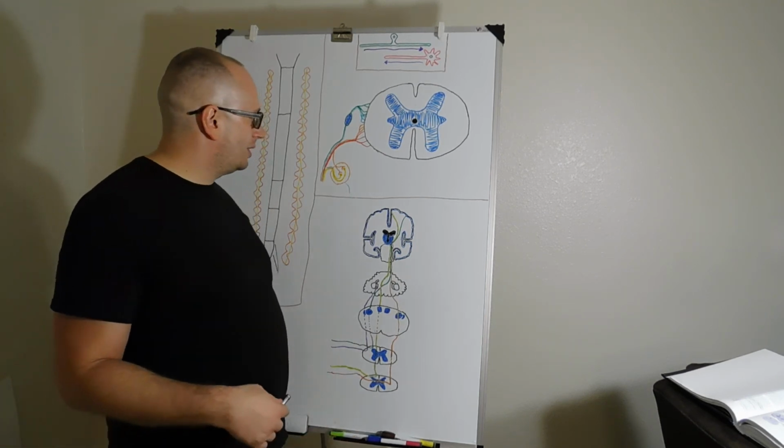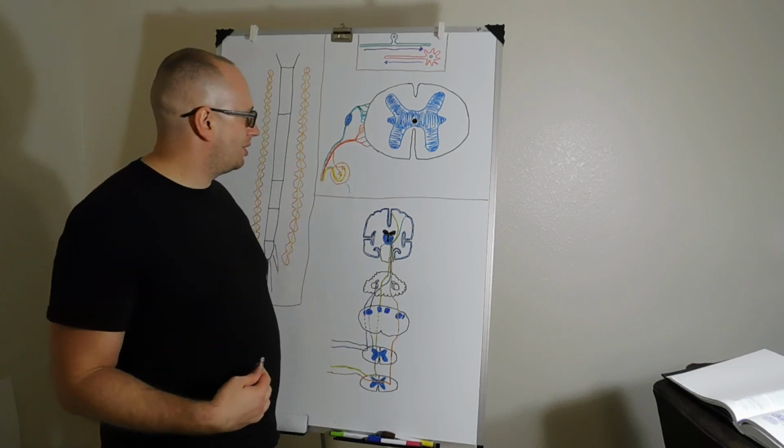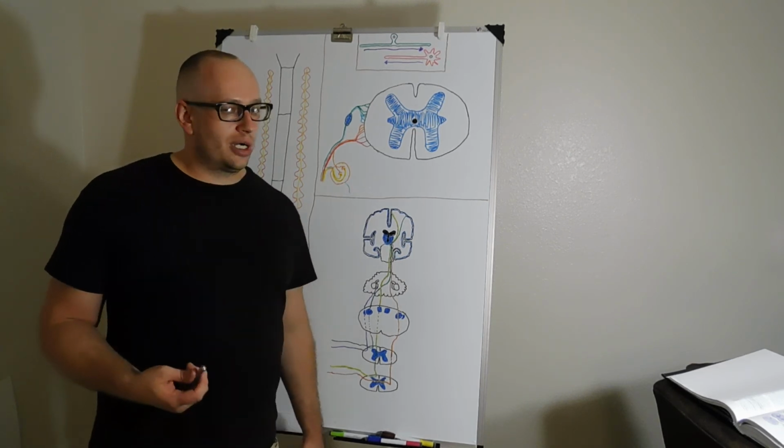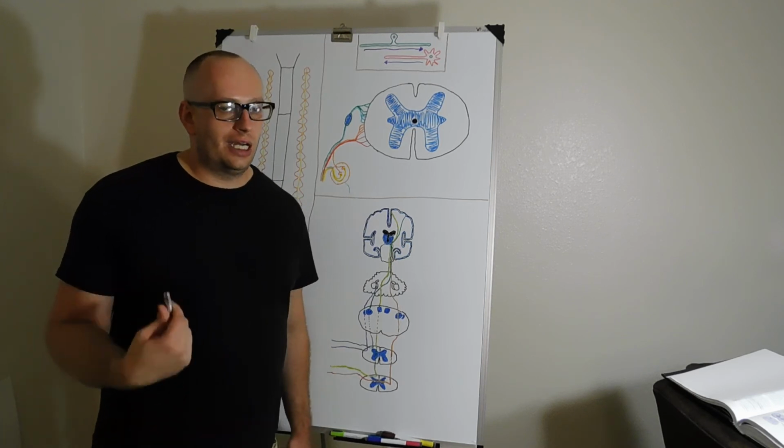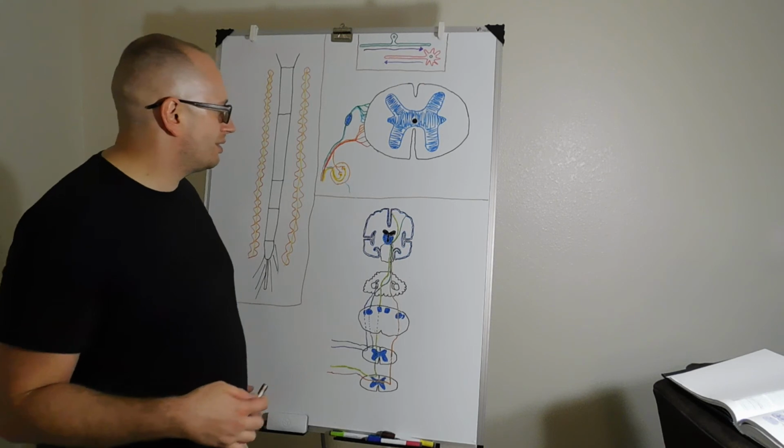I'd like to talk more about this, but I don't have a lot of time, so maybe I'll talk about it in another video. I wanted to talk more about wind-up and about sensitization in the spine, which I could talk about for another minute, I guess.